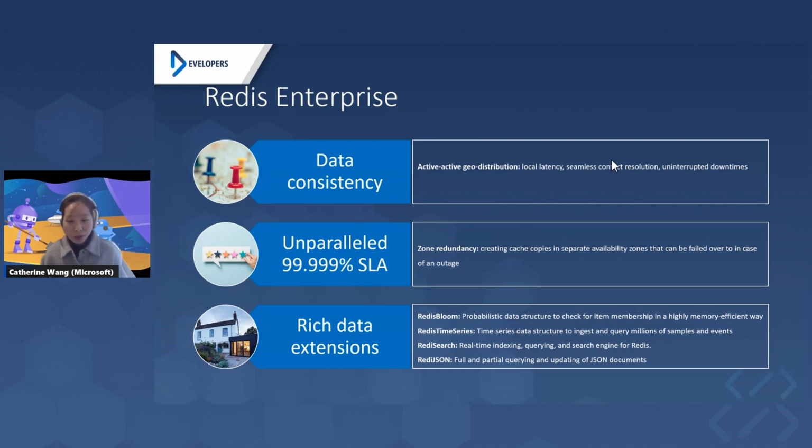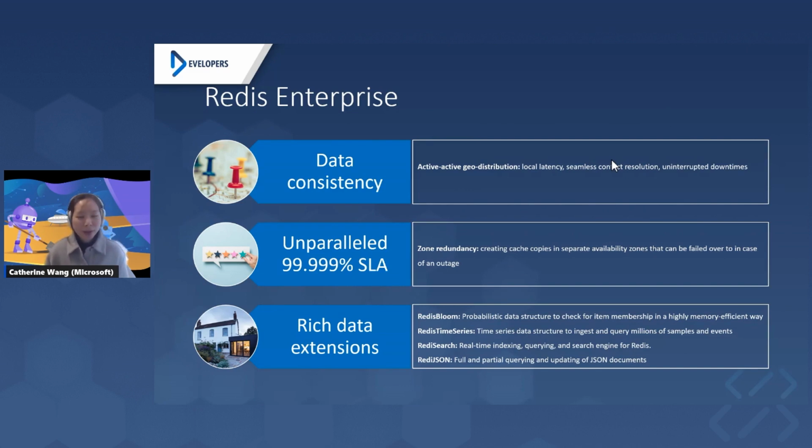Redis search for searching, querying, and indexing analytical applications, and Redis JSON for storing an entire JSON document, with full or partial querying and updating. Those are really helpful with big data scenarios, real-time applications, analytical scenarios, and so on.